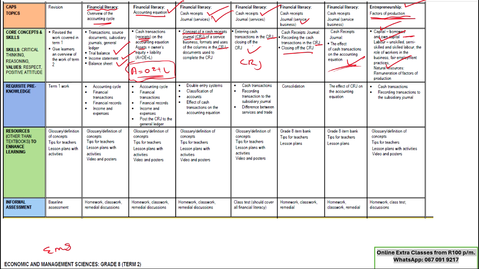It also spoke about fair employment practices. For natural resources, we are looking at the remuneration of factors of production. We know that natural resources include things such as land. So our land is our natural resource.